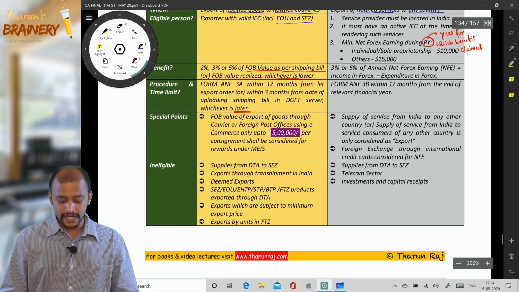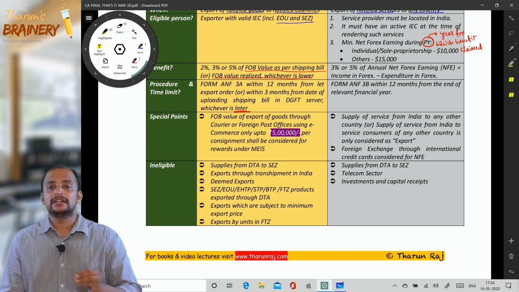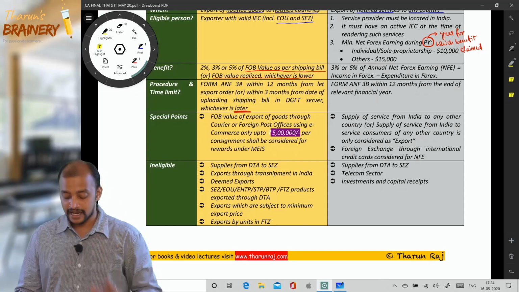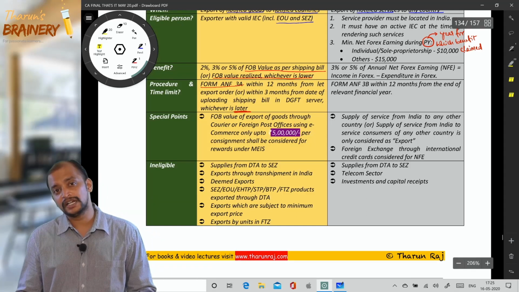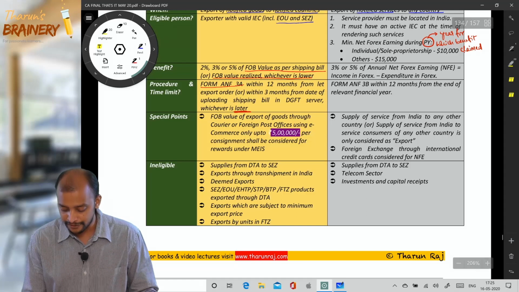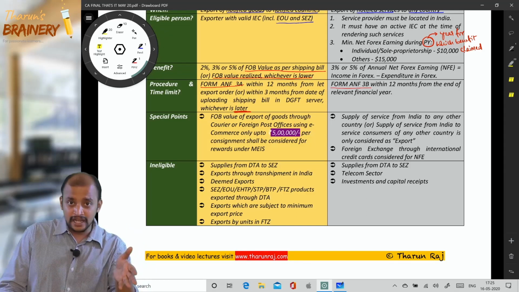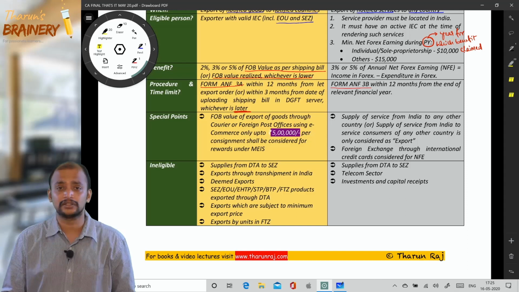Then procedure and time limit here. If you want the benefit of MEIS, you need to file a form called Form ANF3A. Suppose you want SEIS benefit, you need to file Form ANF3B. And this ANF3A or 3B needs to be filed with the DGFT or the regional authority.